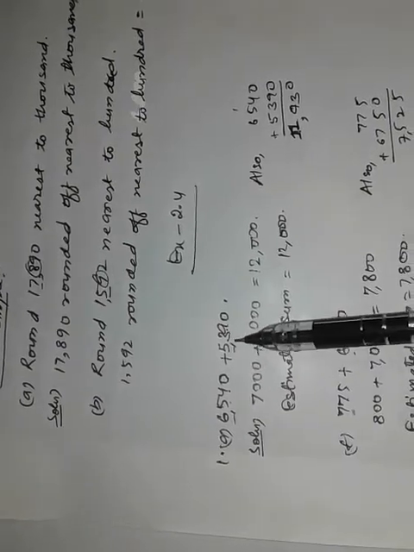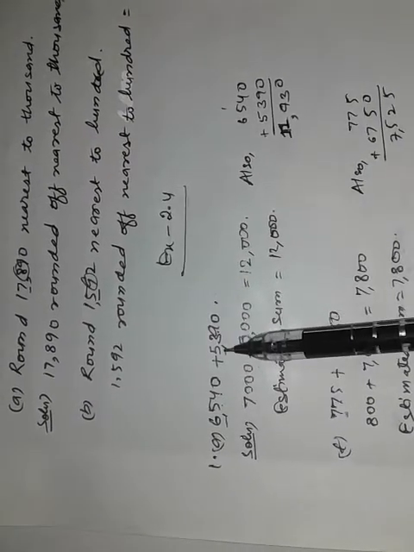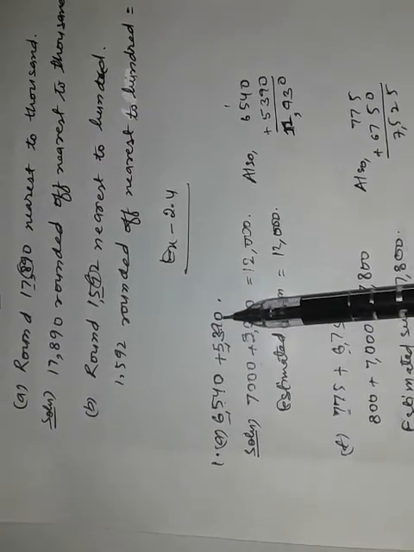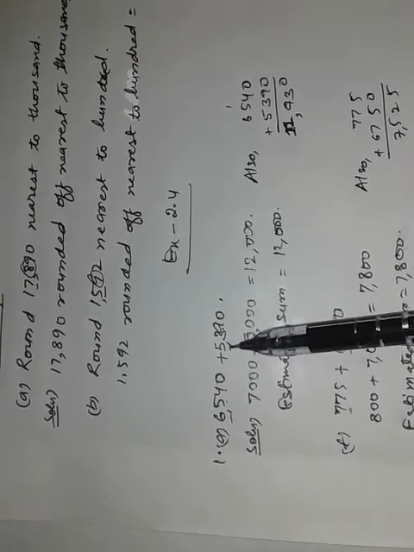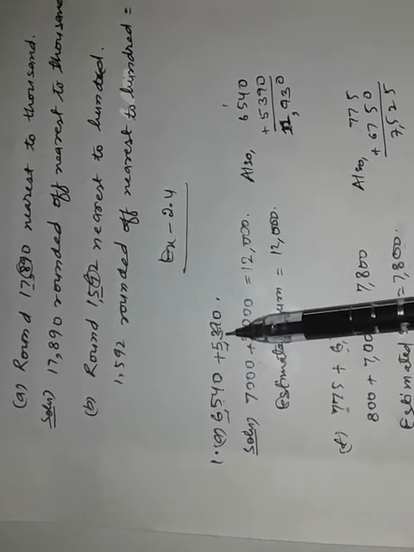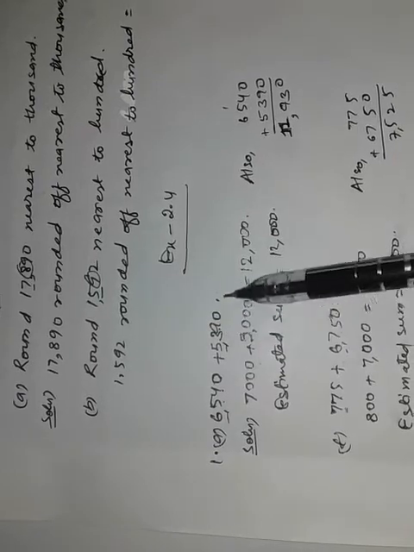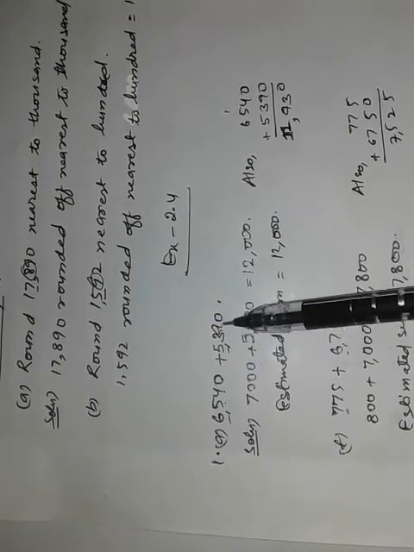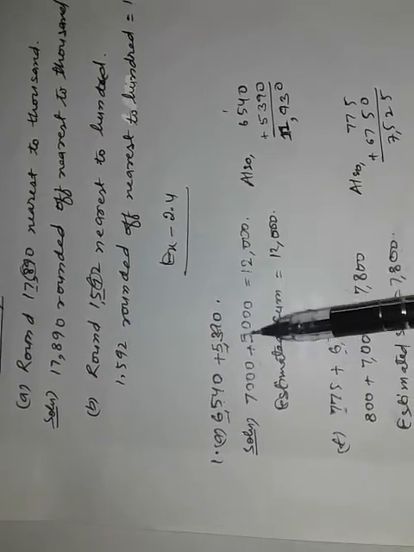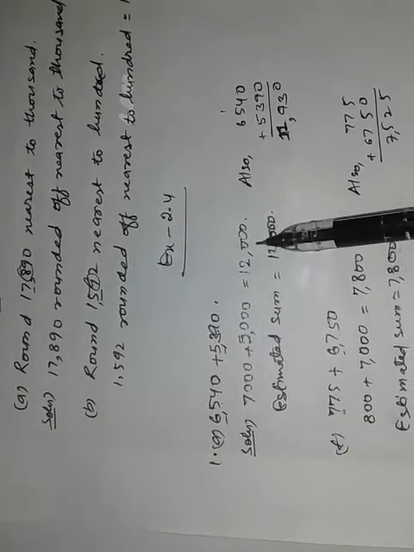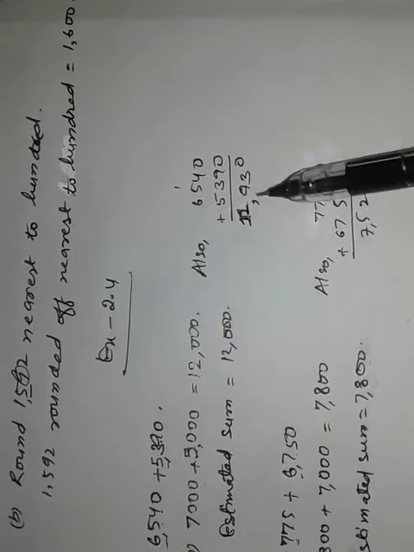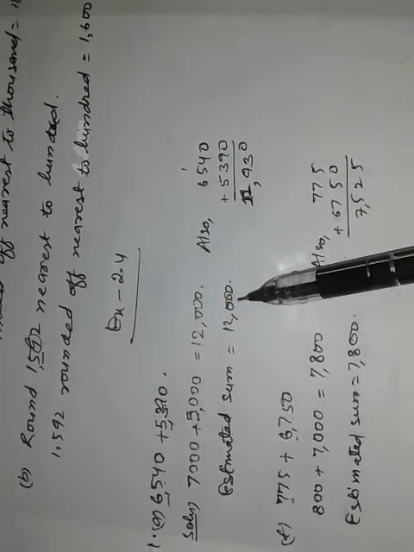We add 1 to 6, it becomes 7,000. In this other number, 1 stands at 1000, 5 is the rounding digit, and after this is 3. 3 is less than 5, so we leave 5 as it is, 5,000, and then we add it. How much do we get? 12,000. Then when we add it without rounding, how much do we get? 11,930. It is nearest to it.